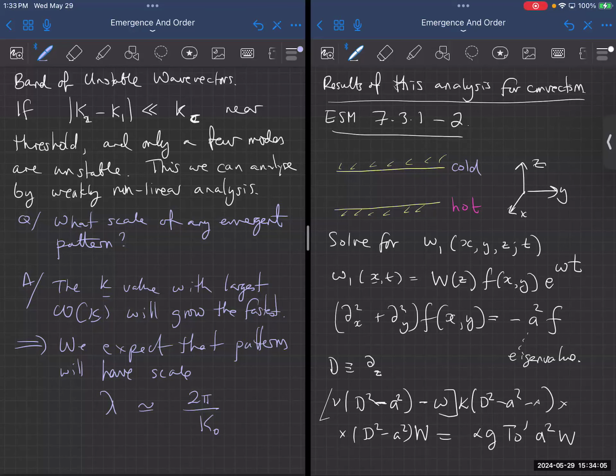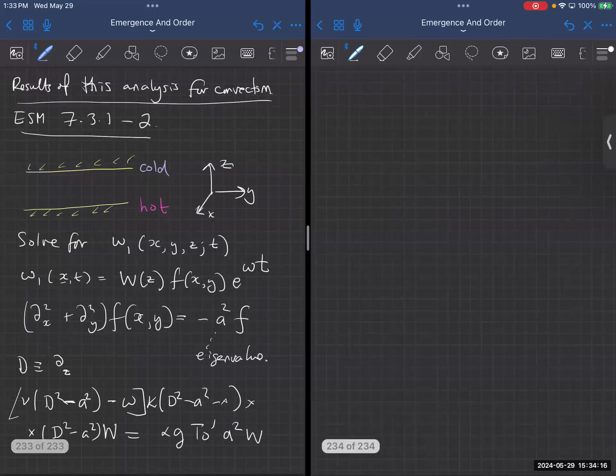This is a horrible linear differential operator with unknowns a and omega. It's a sixth order equation, and those unknowns have boundary conditions. I'm not going to write down what the boundary conditions are because they're complicated.